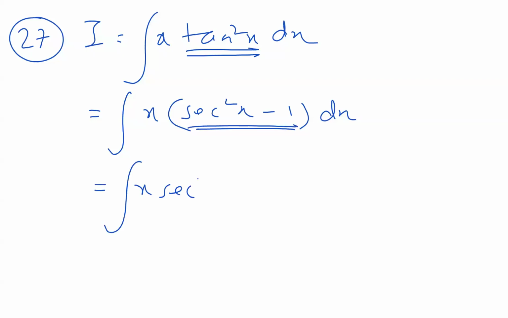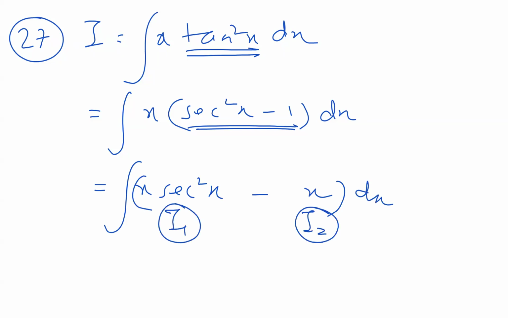Multiply x with both. This is I1 and this is I2. I2 is very simple. Integration of x will be x square by 2, and integration of x into sec square x will again be u into v. So solve I1 and I2 separately and put in equation number 1.